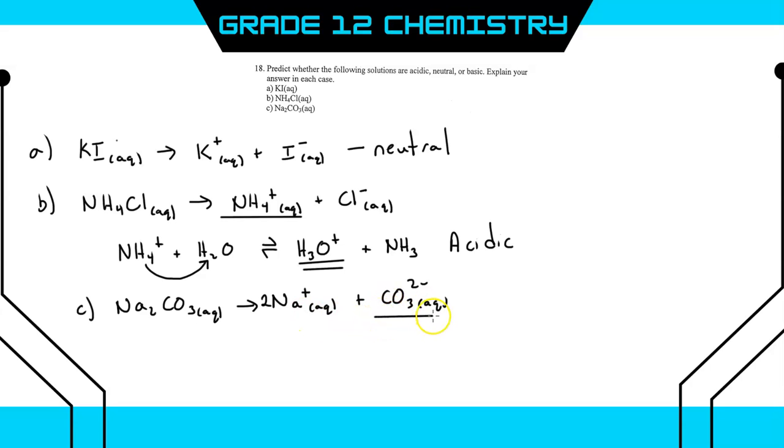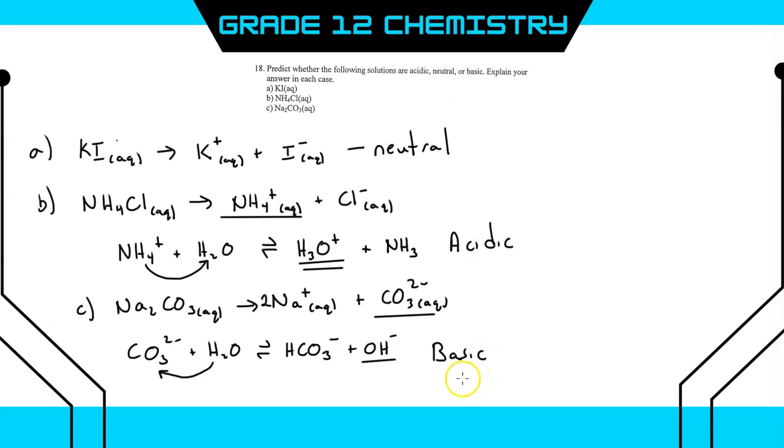Now, carbonate, however, when it collides with water, we are going to have another equilibrium where in this case, it's going to steal a hydrogen from the water molecule. So we're going to get HCO3 negative plus OH negative. Basic solution.